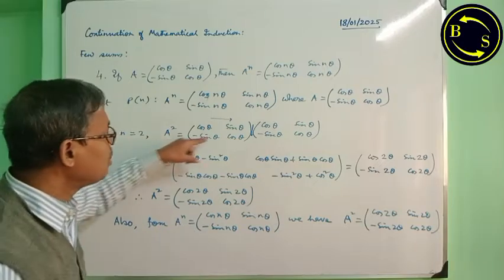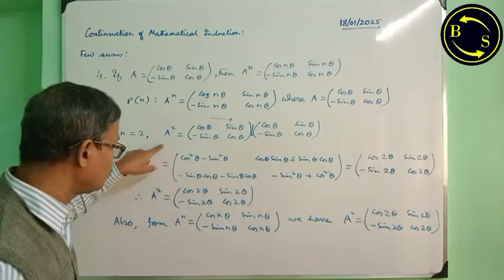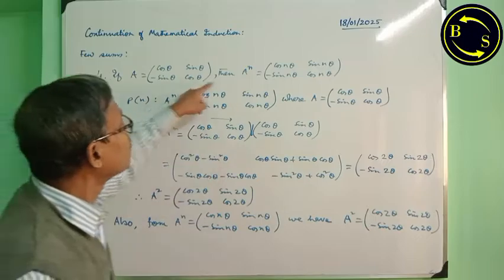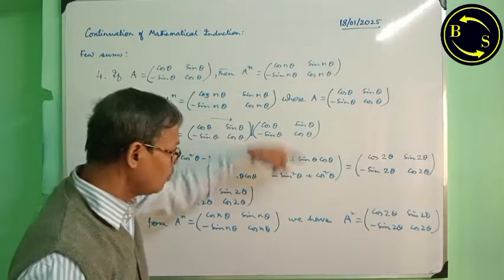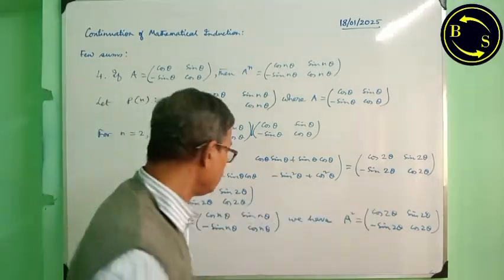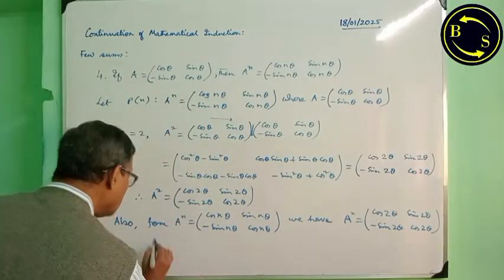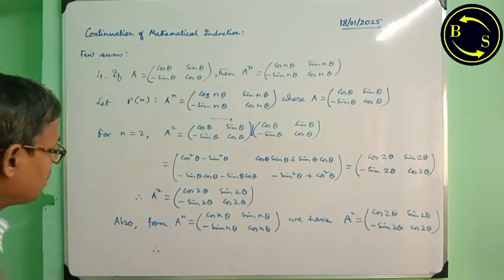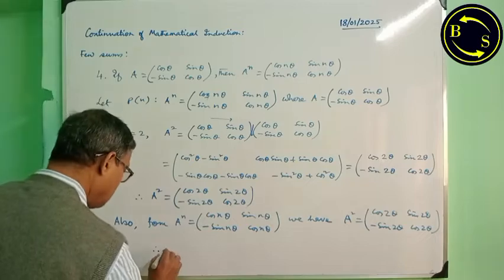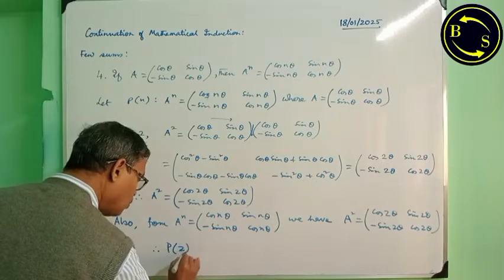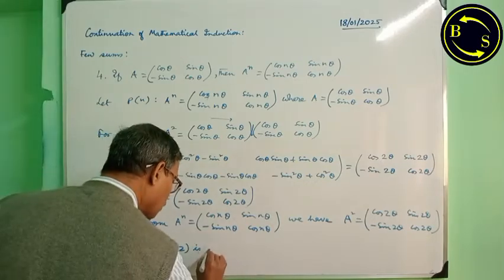By actual multiplication, we have got A squared equal to this one, and from this one, A squared will be this one. Therefore, the immediate conclusion will be P2 is true.